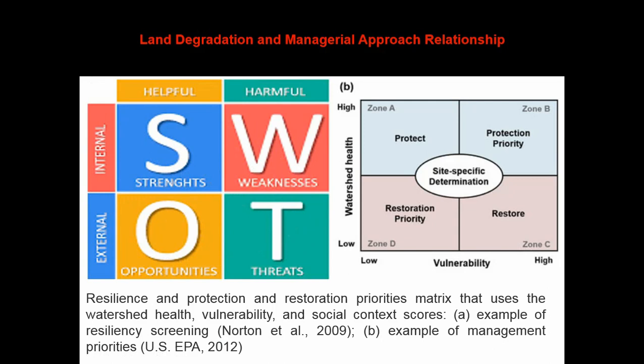And you will see the matrix which has been developed using resilience and protection and restoration priorities, which uses watershed health, vulnerability, and social content scores, that is, the social evaluation of the beneficiaries and stakeholders.